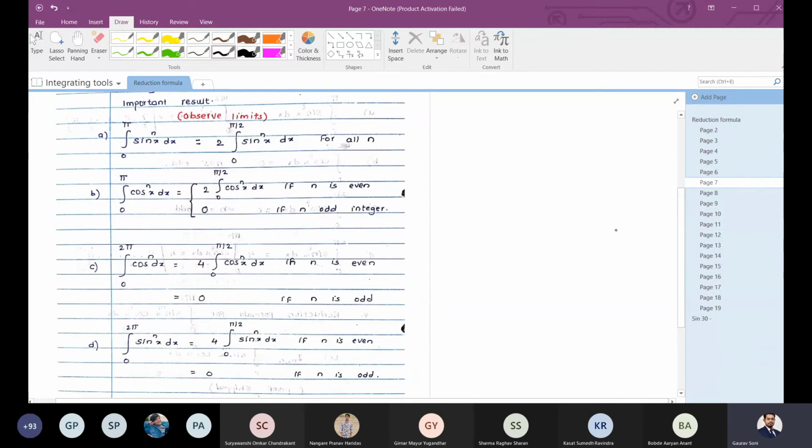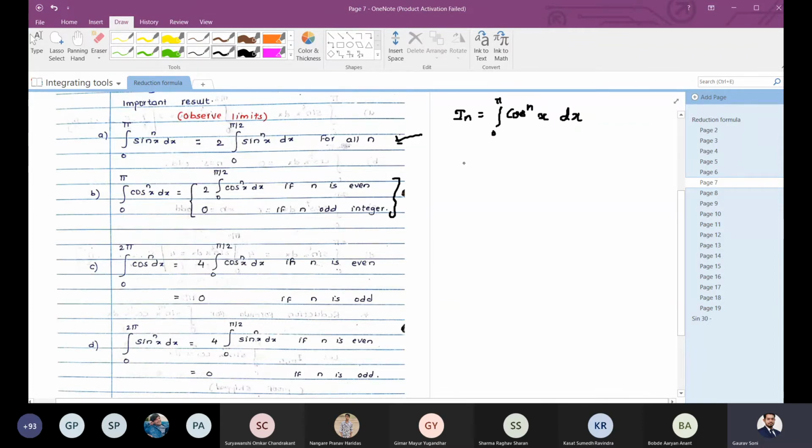I'll go to the next page so that we can see these things here. See, I have just proved this first result, 0 to pi sine raised to n. We have seen this proof: 2 times 0 to pi by 2 sine raised to n of x dx. So what happens for cos? Let's prove this result. We have I_n equal to integral 0 to pi cos raised to n of x dx.